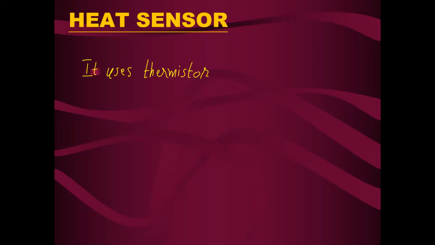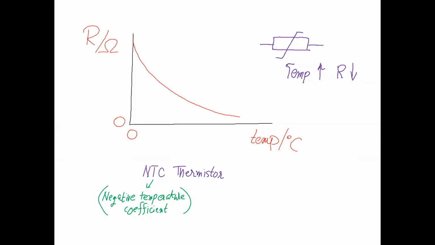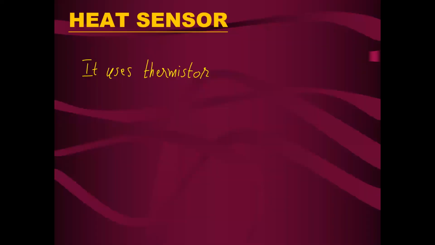Now, it uses a thermistor. What is a thermistor? We discussed earlier, it is a heat sensor. It is a semiconductor whose resistance is temperature dependent. Now, look at this screen. This is a resistance and temperature graph, and we call it an NTC thermistor. So, right under it, it uses a thermistor.